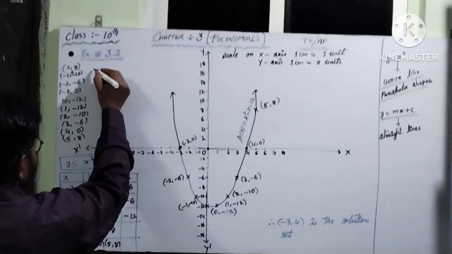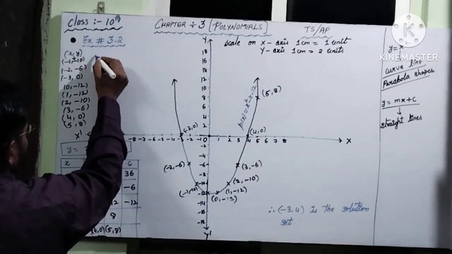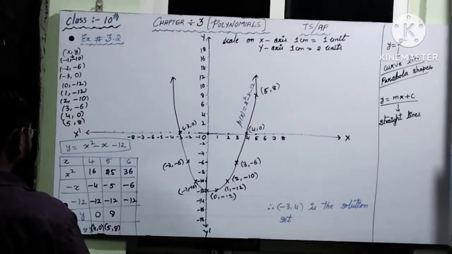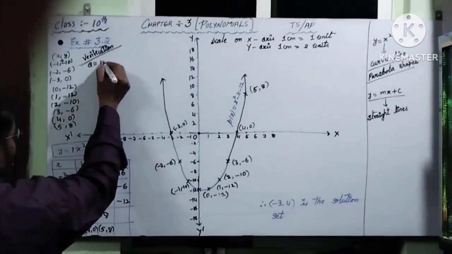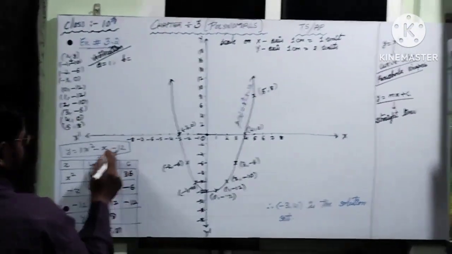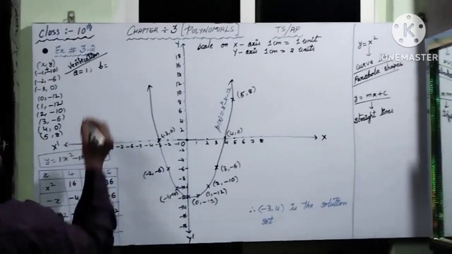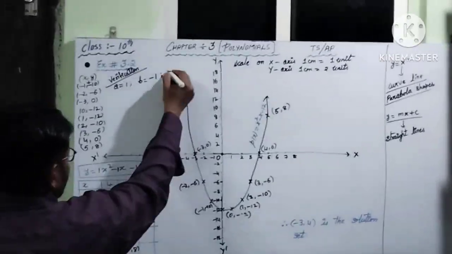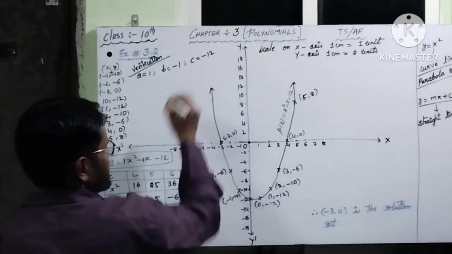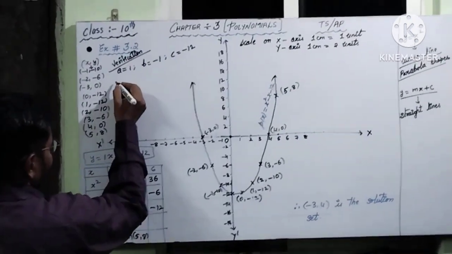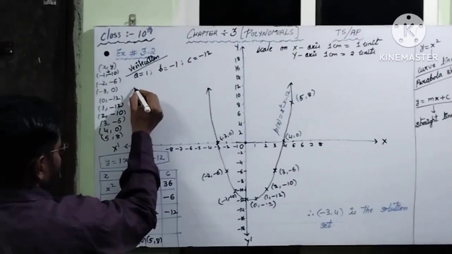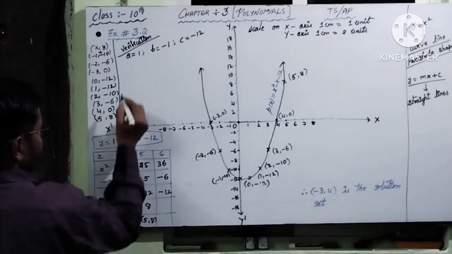See, verification. What formula did I say? Beside x square there is 1. What is the b value? Beside x, what is there? Minus 1. And the c value is minus 12. Then I have to find the zeros. So what formula is there for finding zeros?